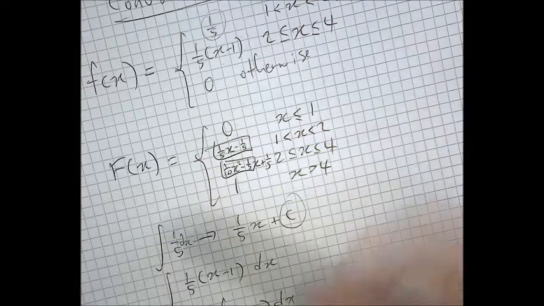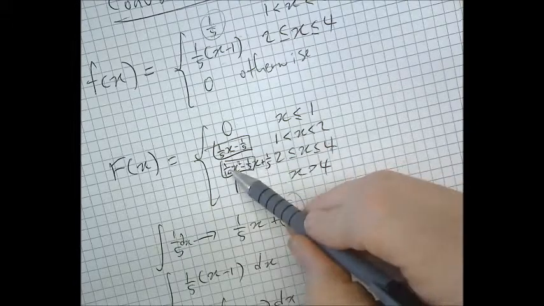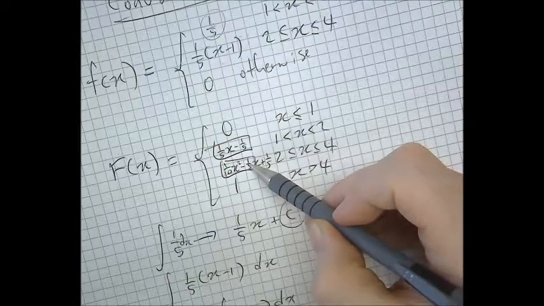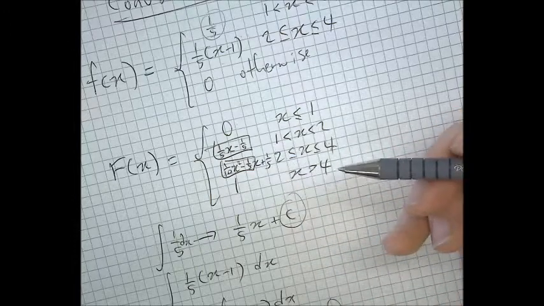Oh, okay, sorry. That's 4 tenths minus 4 tenths, plus 1/5, which will be 1/5. So it all checks out. Okay.